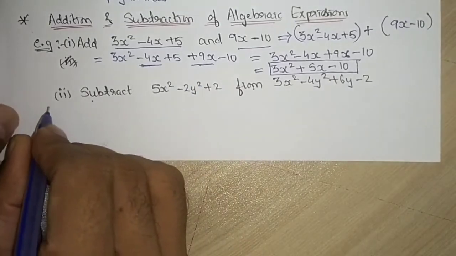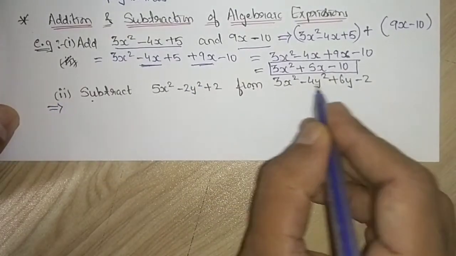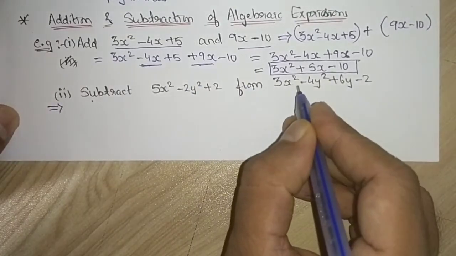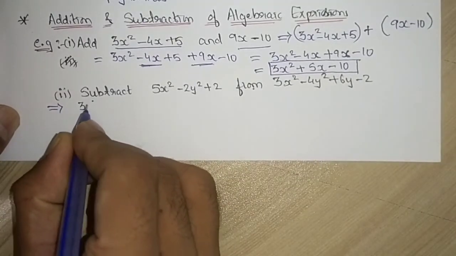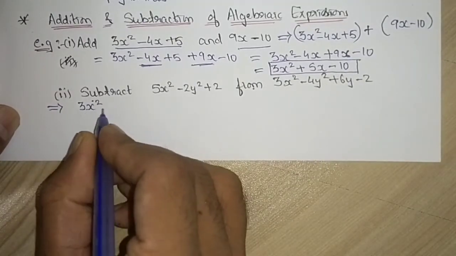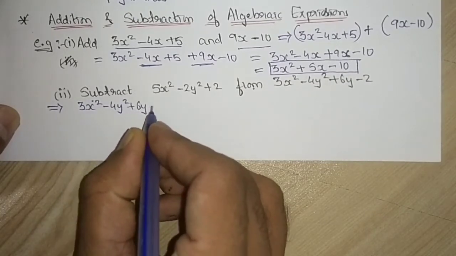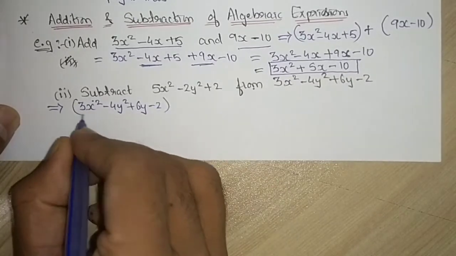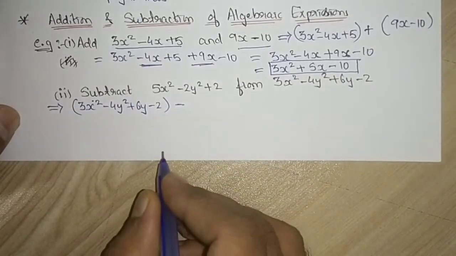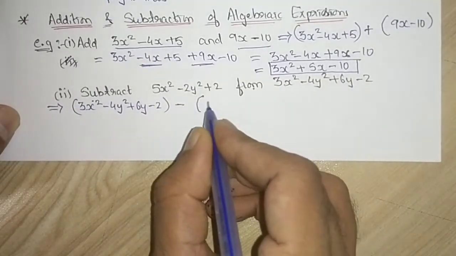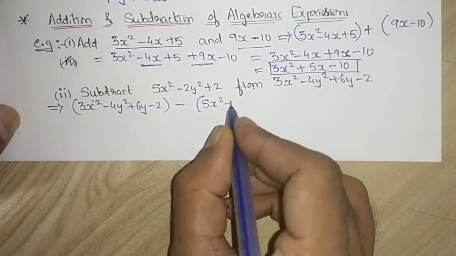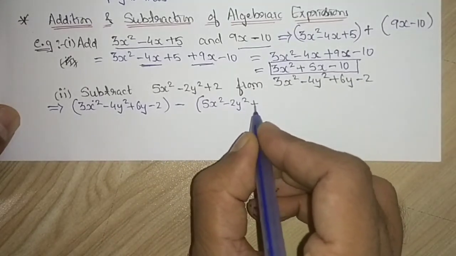So what we will do? We will write first this expression because they are telling from this expression. So we will write 3x square minus 4y square plus 6y minus 2, and then they are telling you to subtract 5x square minus 2y square plus 2.